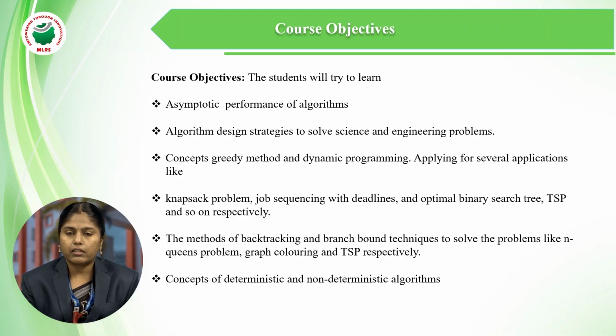There are certain concepts in dynamic programming and the greedy method, and by using them there are several applications. Next is the knapsack problem, job sequencing with deadlines, and backtracking. These are the COs in the DAA subject.